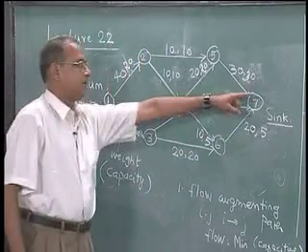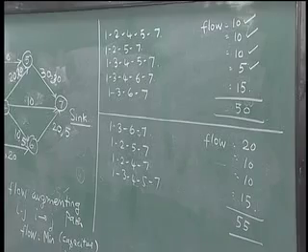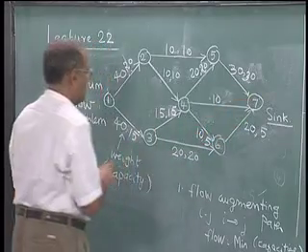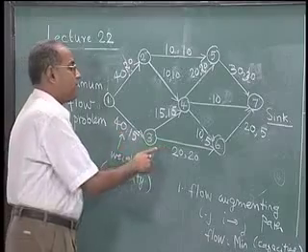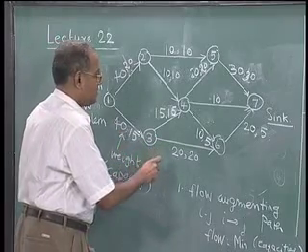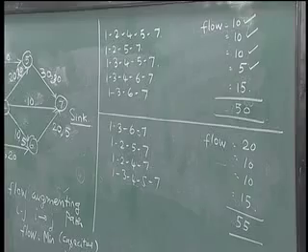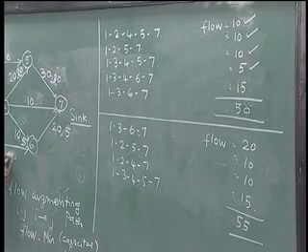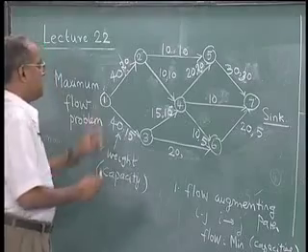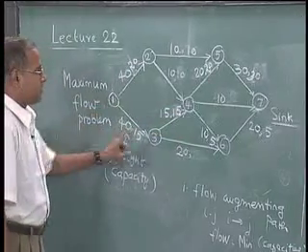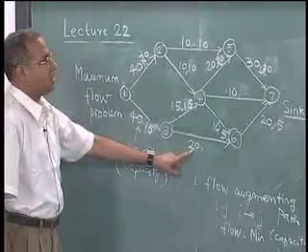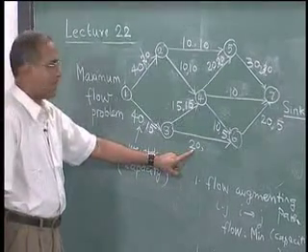We then look at the path 1, 3, 6, 7. Here 25 is possible, 40 minus 15. Sorry, this. So, 1, 3, 6, 7, 25 is possible, here 20 is possible. Right now, we do not have any flow on the arc 3, 6.